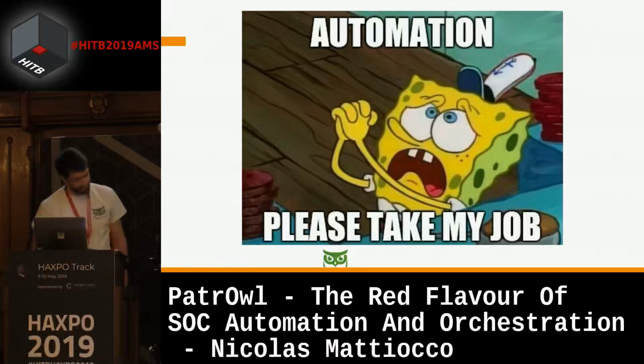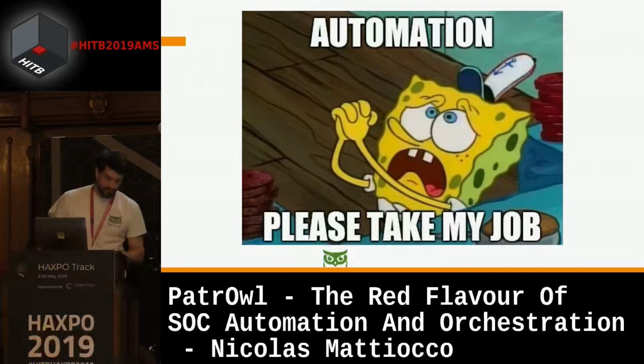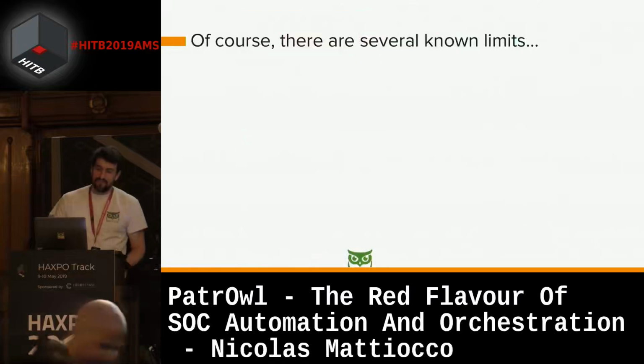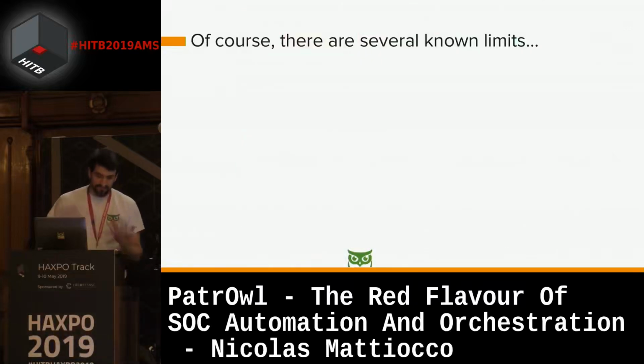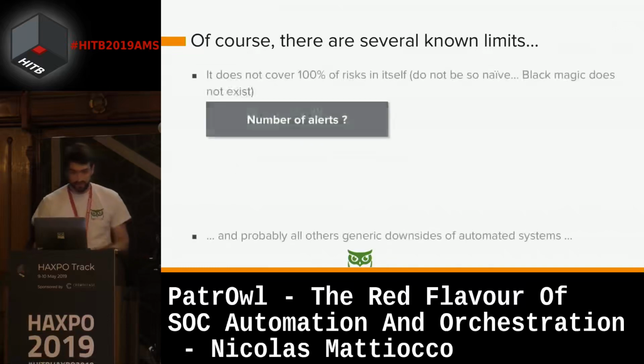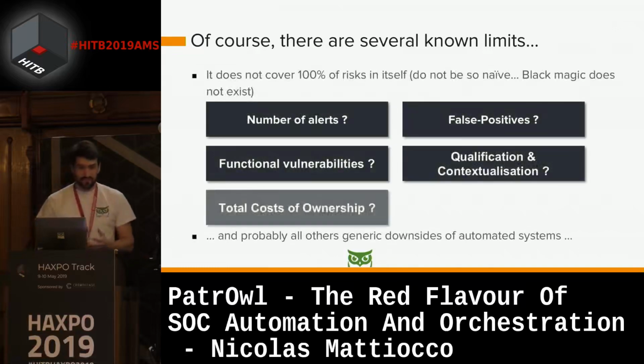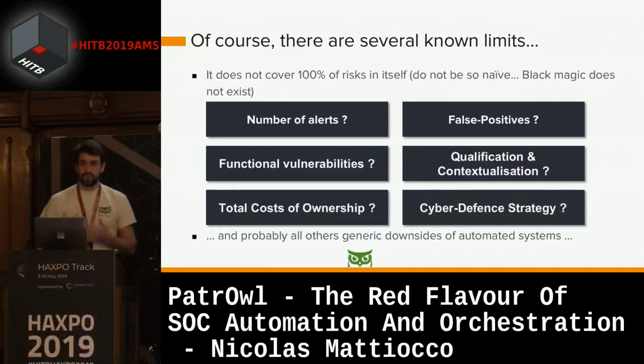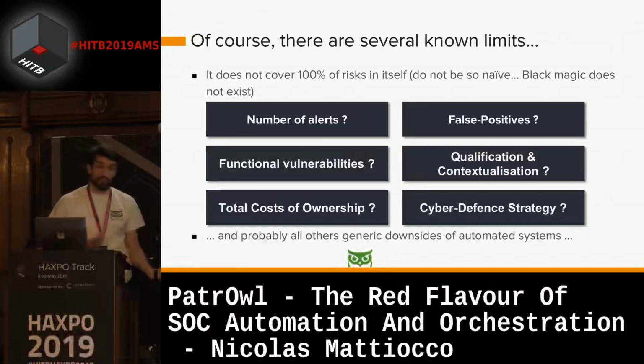So at this moment of the presentation, you should agree that automation is the solution. By the way, we found a lot of drawbacks, or several known limits, of this automation. Of course, if we automate a lot of things, we will potentially increase the number of alerts and the number of false positives.